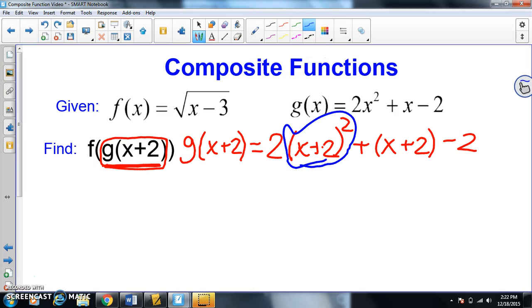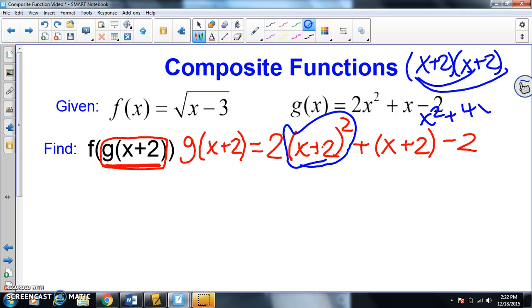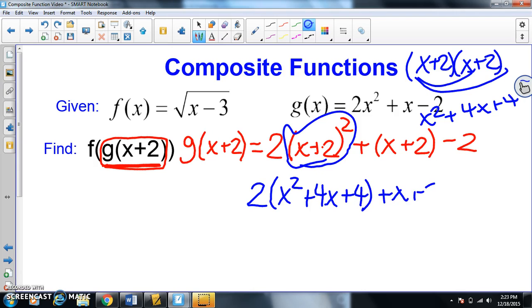I need to square x plus 2 first. So that's the same thing as x plus 2 times x plus 2, which is x squared plus 4x plus 4. So then I have 2 times x squared plus 4x plus 4 plus x plus 2 minus 2.